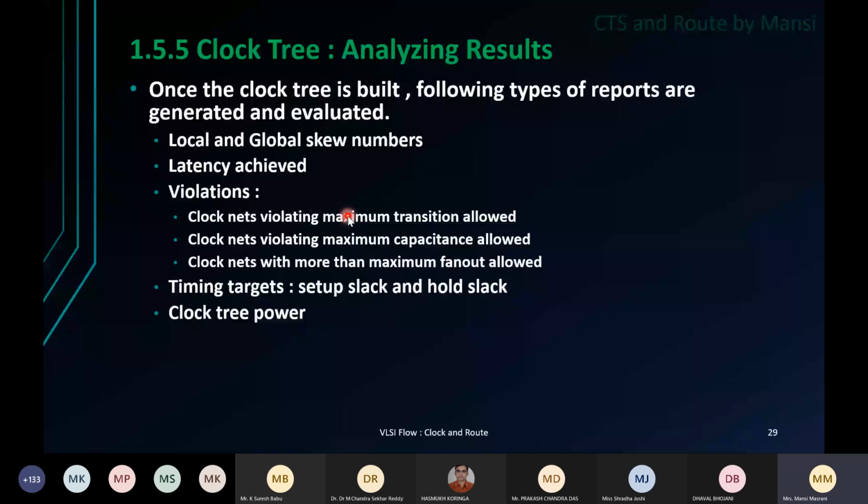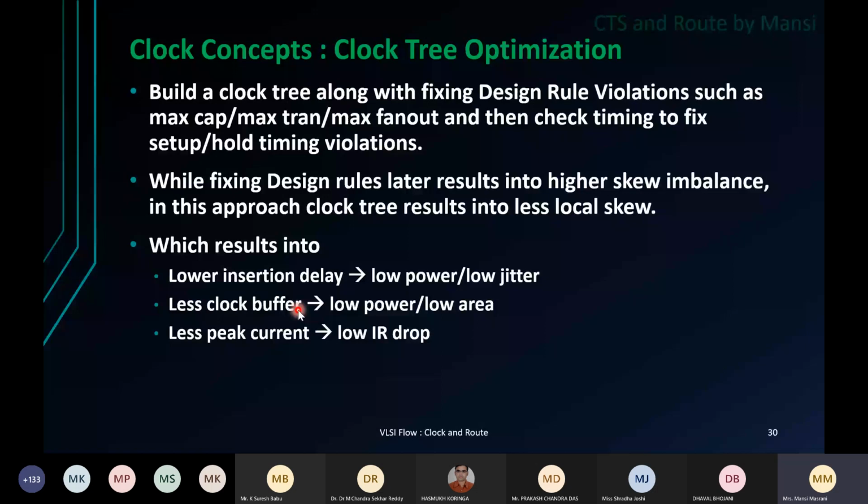Then the clock tree power. Let's say everything is good, but my clock tree is using so much power that there is nothing left for my signal routing. After I add my signal routing, my design is going to blow up with heat, and this is not allowed. Then you will have to restart the clock tree. So this was the basic clock tree part till analyzing results.